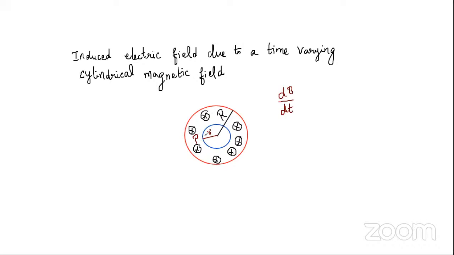When we calculate this, the induced electric field is given by this formula: E induced equals minus R divided by 2 into dB by dt. So this is the formula.